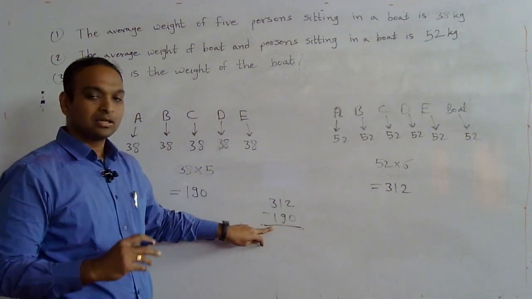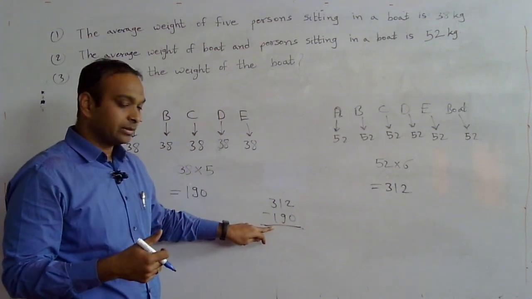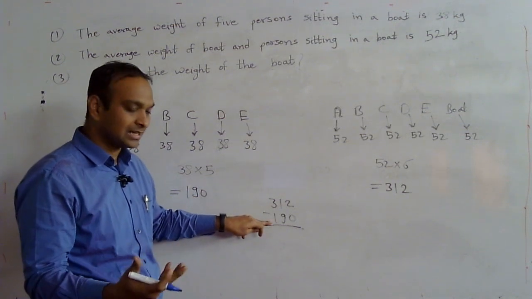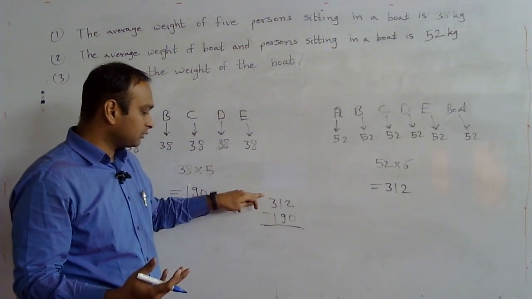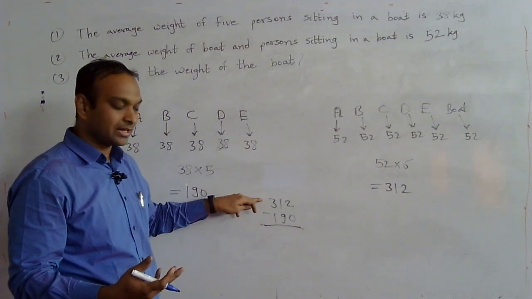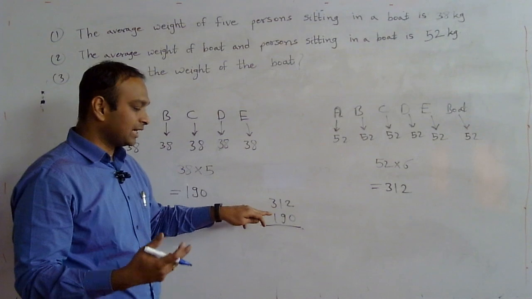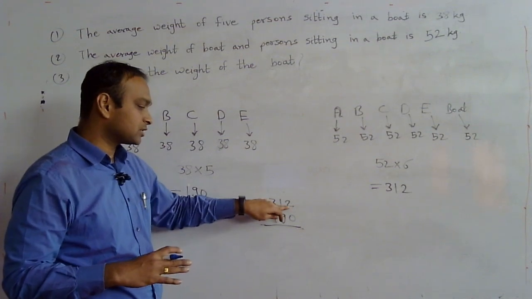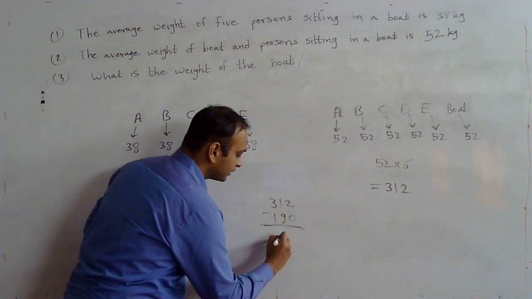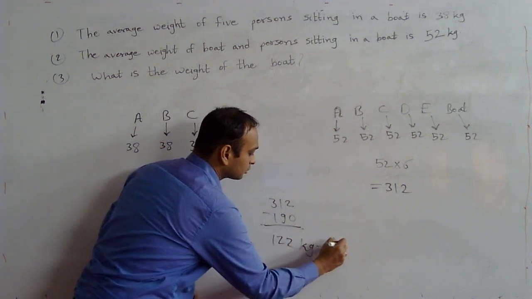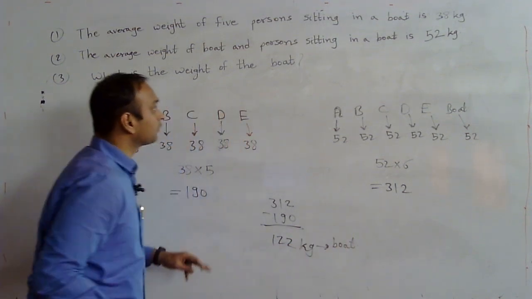Calculating the remaining numbers to reach 312: 190 plus 10 is 200, 200 plus 100 is 300, and the remaining is 12. So 100 plus 10 is 110, 110 plus 12 is 122. 122 kg should be the weight of the boat, which is our final answer for this example.